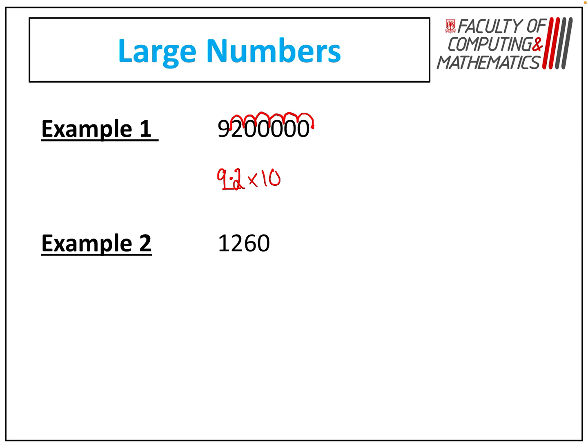And if we count, we have jumped over 6 places, so that means that the power is 6. So it's a very repetitive process once we have that under our belt. Okay, example 2 then, doing the same process. 1, 2, 3 places gives me the number 1.26 times 10 to the power of 3.